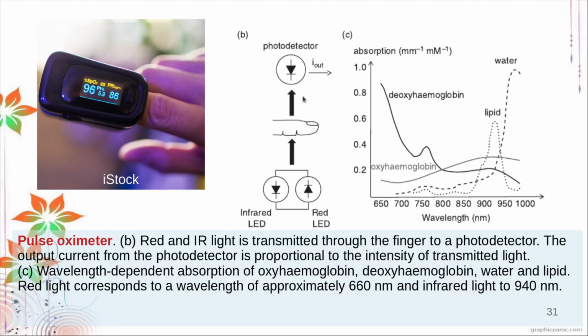As the light passes through the finger, the hemoglobin in the finger absorbs some of the red light, so the amount of red light is reduced when it reaches your photodetector. Then you have the infrared, the same principle. Your photodetector also gets the signal from the IR spectrum. This is now for the other form of hemoglobin.